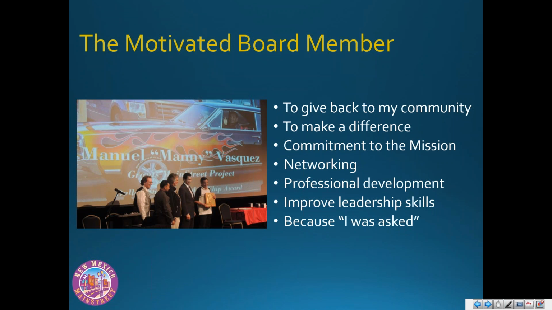Some new members want to improve their leadership skills, but more often than not, you'll see people join a board because they were asked, right? And this is a very common theme. I joined this board because I was asked, and the existing board really did a good job of relaying their mission with my skills and how I could support that work.